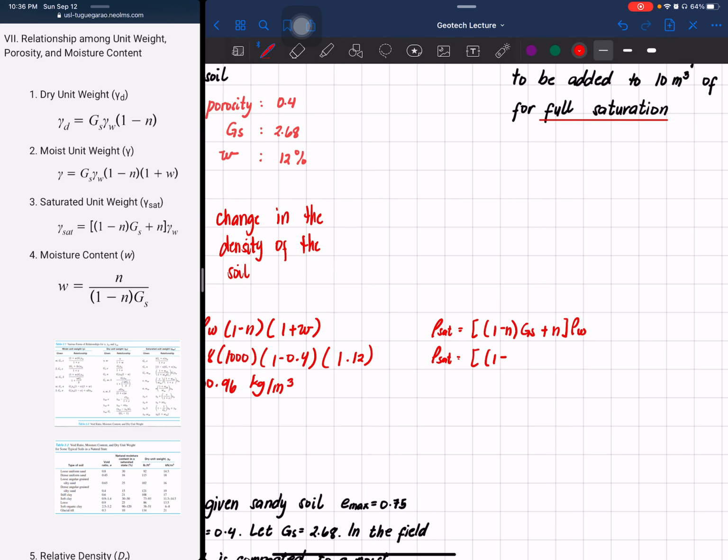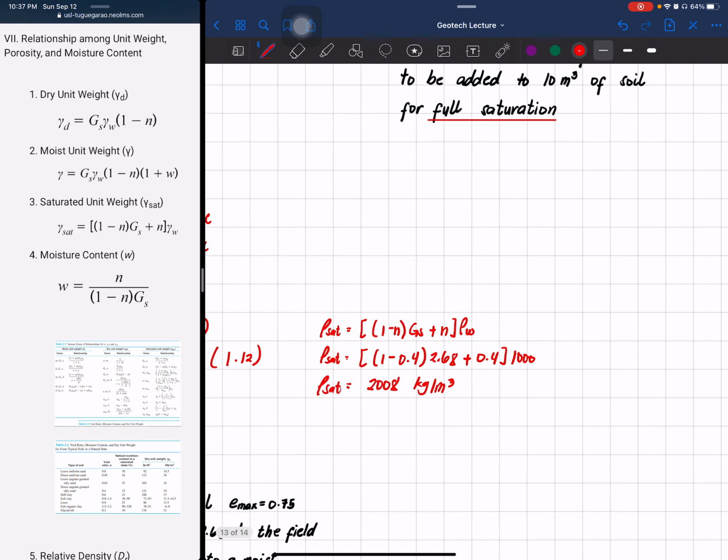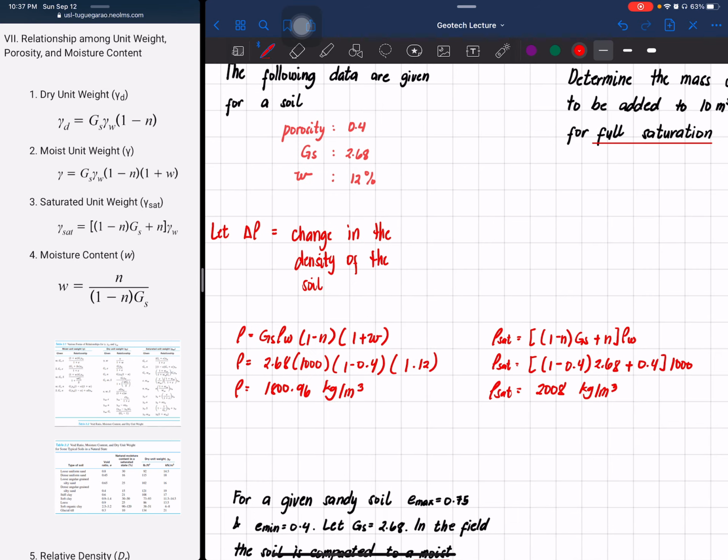That is 0.4, multiplied by 2.68 plus 0.4 multiplied by 1,000. Okay, so your rho sat now is, wait lang, just calculate it. Okay, it's 2008 kilograms per cubic meter.